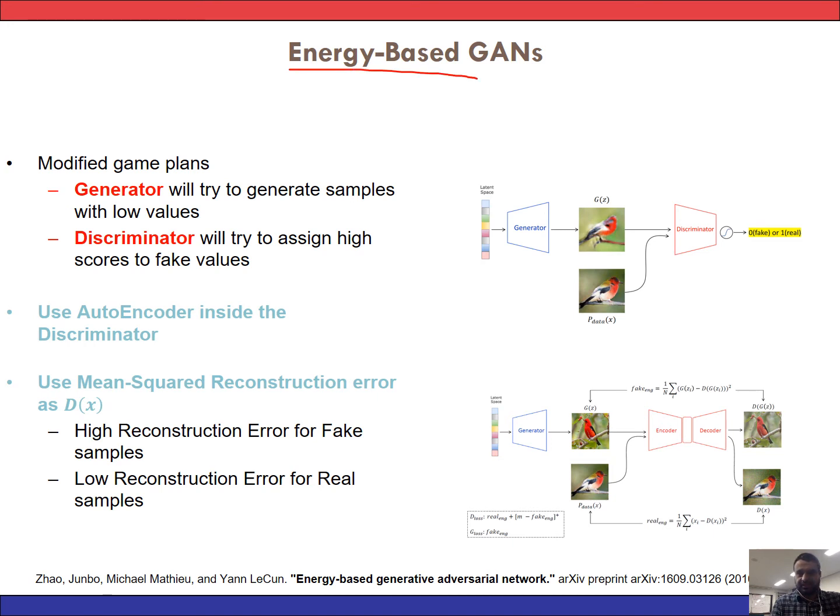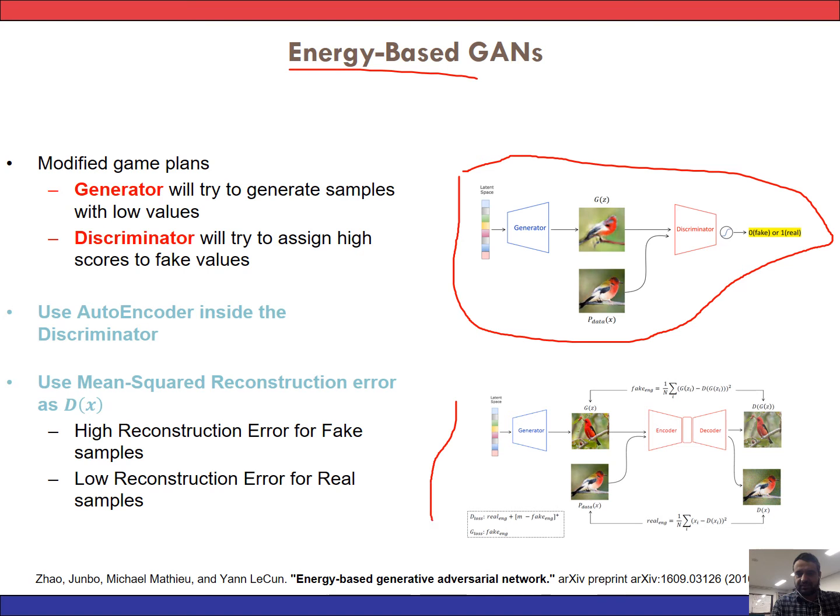So this is the architecture of the vanilla GAN, and this is the architecture for the energy-based generative adversarial network. In this modified architecture, the generator tries to generate samples with low values.